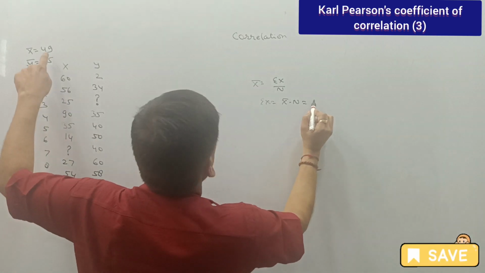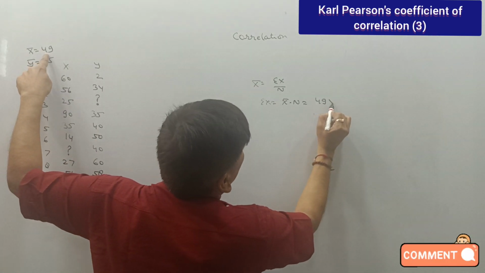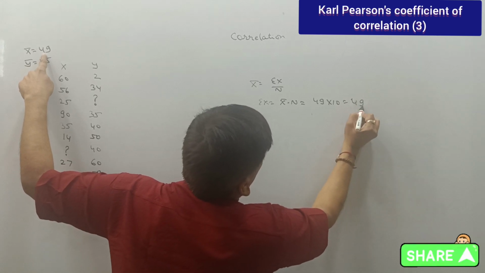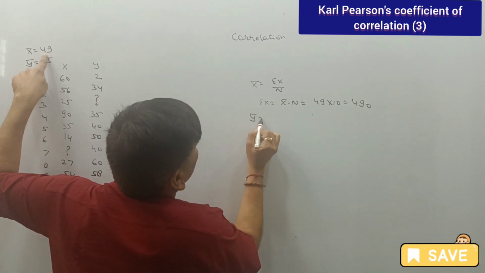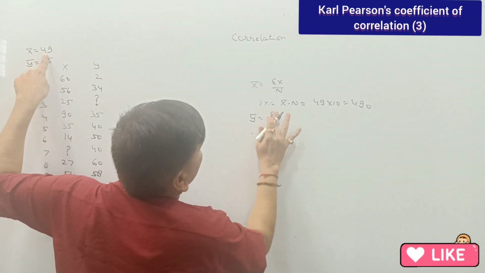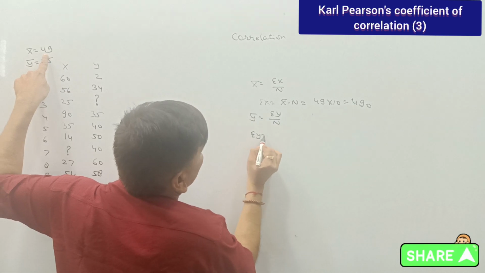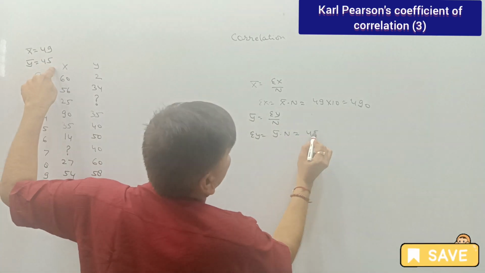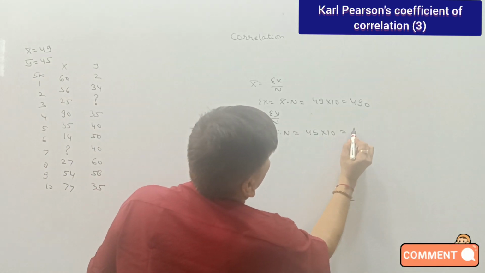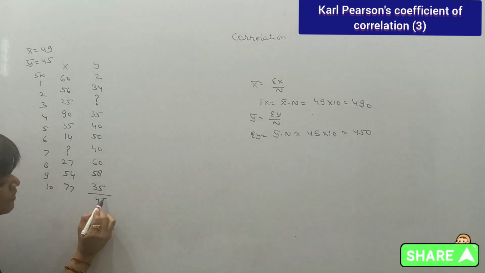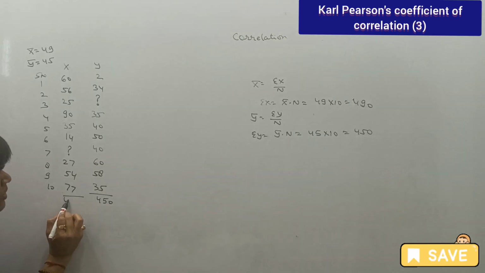X bar is 49, multiplied by 10, that is 490. And Y bar is sigma Y divided by n, so sigma Y is equal to Y bar multiplied by n. Y bar is 45 multiplied by 10, that is 450. So we have calculated that sigma Y is 450 and sigma X is 490.